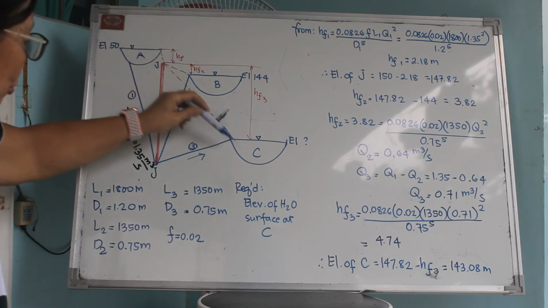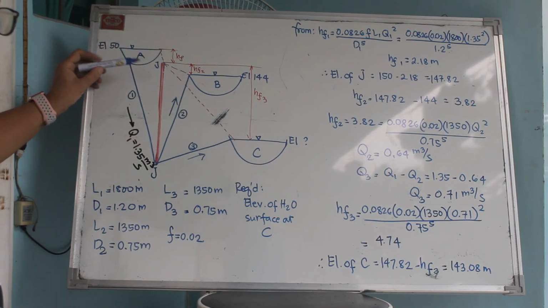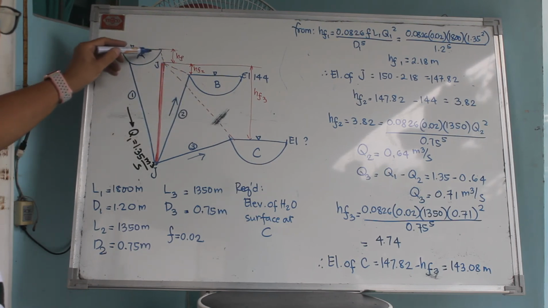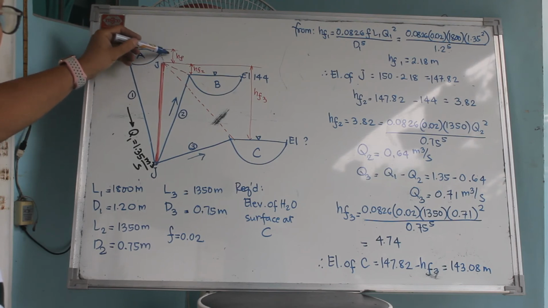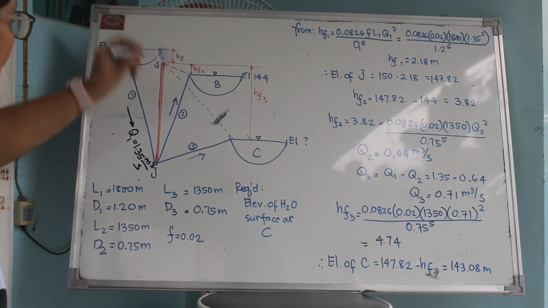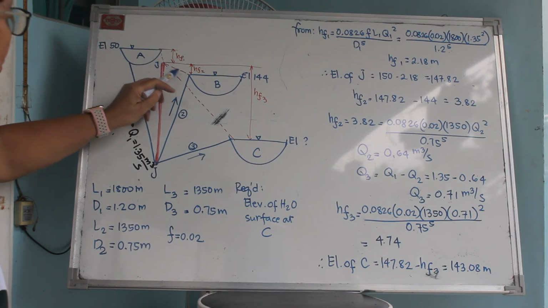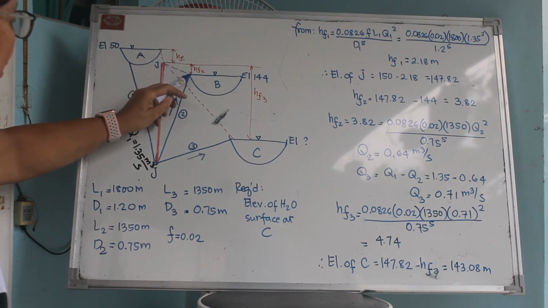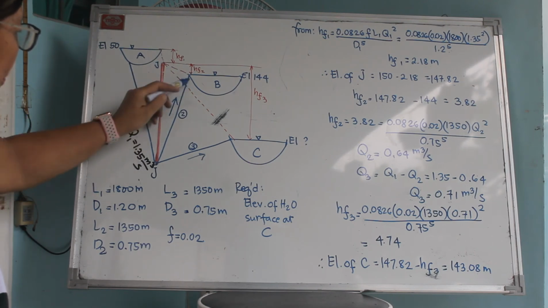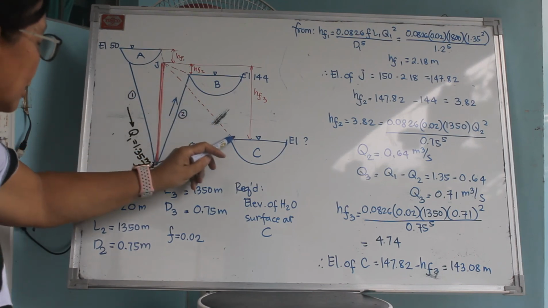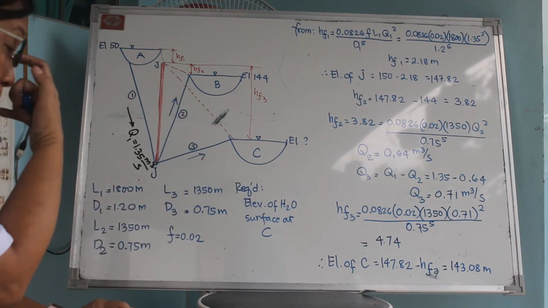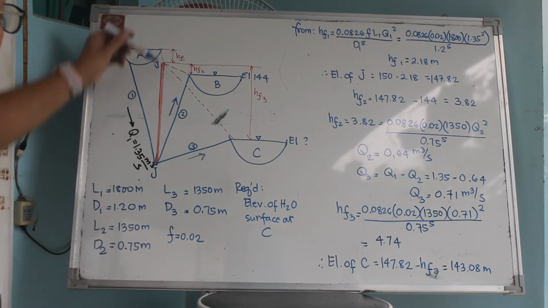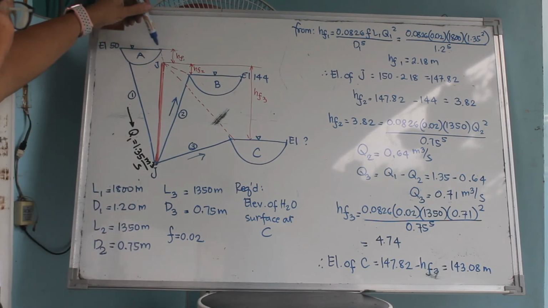So, pag ganun yung direction of flow. So, this drop in the energy gradient represents HF1, okay? Mula dito hanggang doon sa junction, sa reservoir B, is HF2 along pipe 2, and then ito yung HF3 along pipe 3.